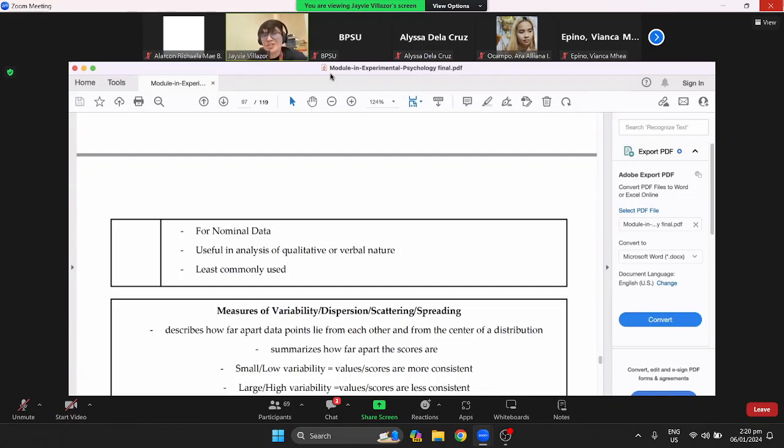So measures of central tendency only measure the centrality, the average, the weighted mean. But in measures of variability, we're looking at the dispersion of scores, the heterogeneity of scores, how homogeneous or how heterogeneous they are. In measures of variability or dispersion, we see that the second example is more dispersed.